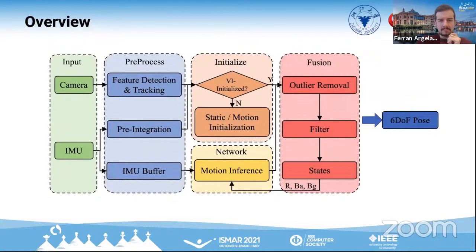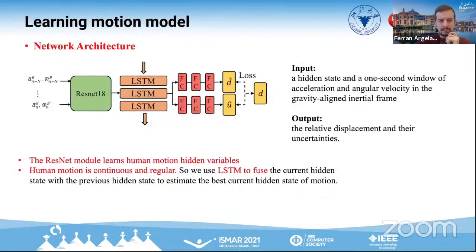Our estimation system takes IMU data and images as input and is mainly composed of 4 modules, including preprocessing, initialization, neural network, and filter. This is our network architecture, which consists of the 1D version of ResNet 18, a standard LSTM, and fully connected layers.